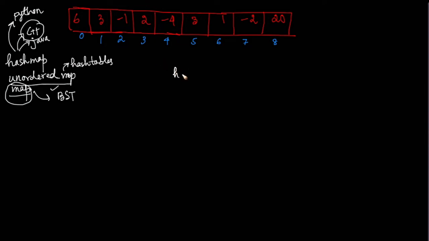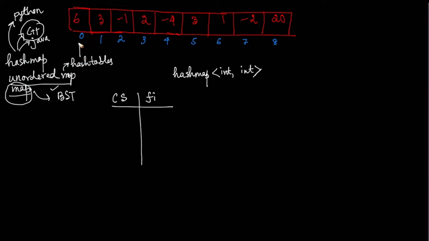So let's create a hash map of an integer and integer, right? And we will basically have two values. First is the cumulative sum, and the second is the first index at which that sum has occurred. I'll tell you slowly.